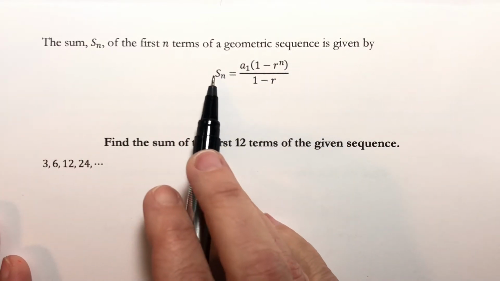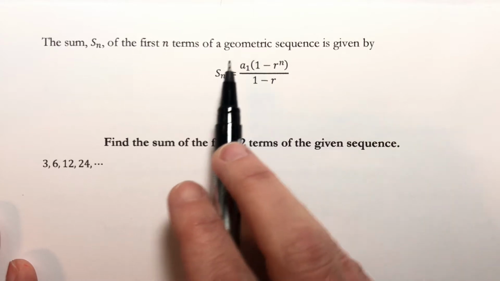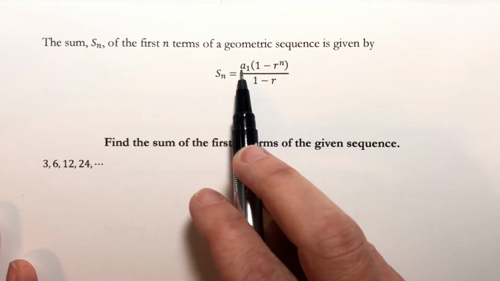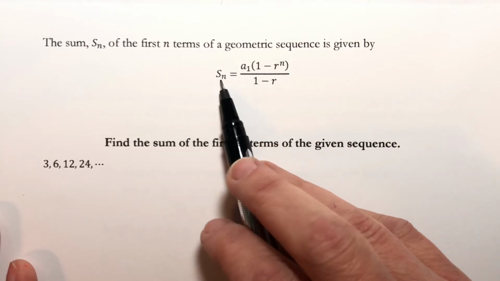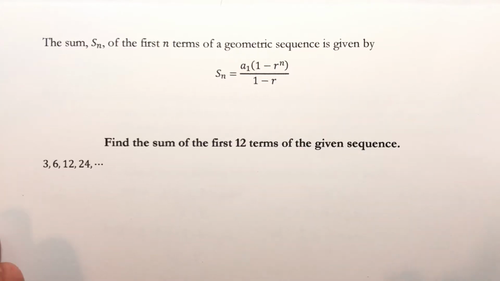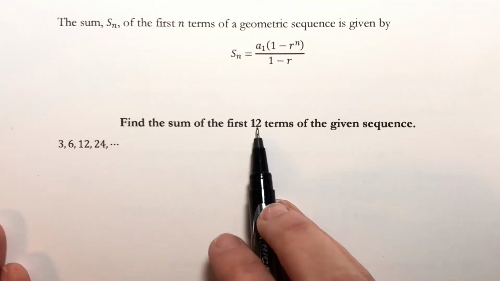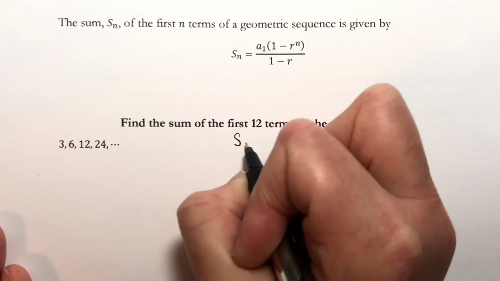Okay, we can add the first however many numbers of a sequence if we know our starting term, our ratio, and our end value. So let's use this to find the sum of the first 12 terms of the given sequence. So we're being asked to find S sub 12.